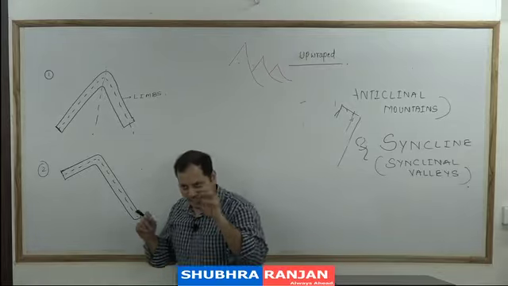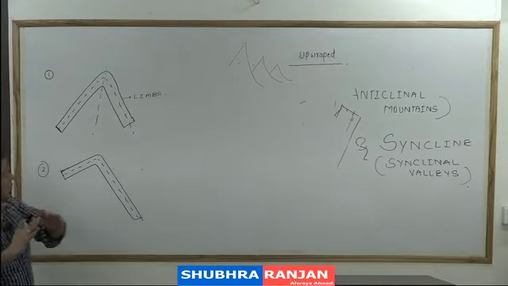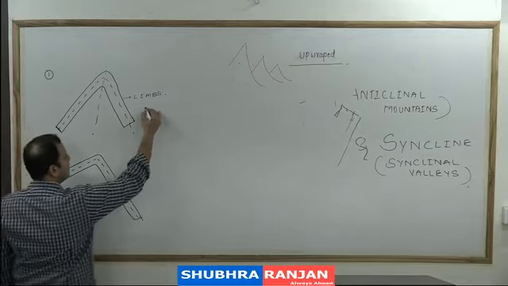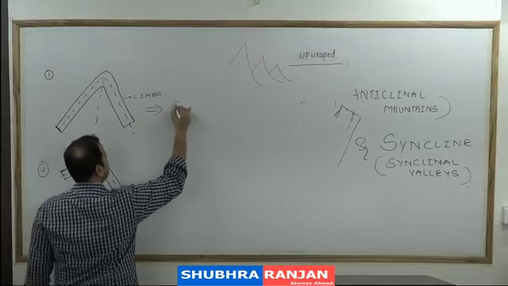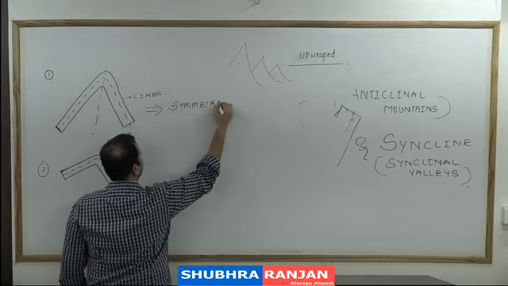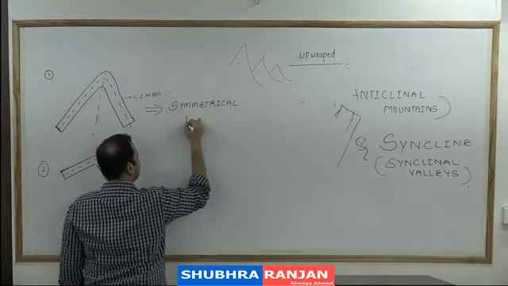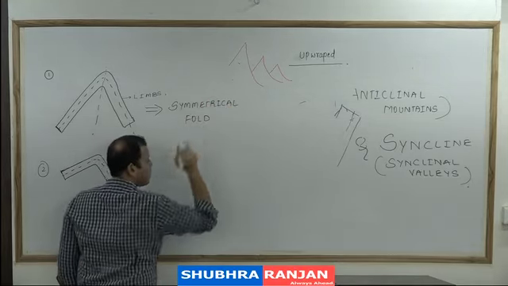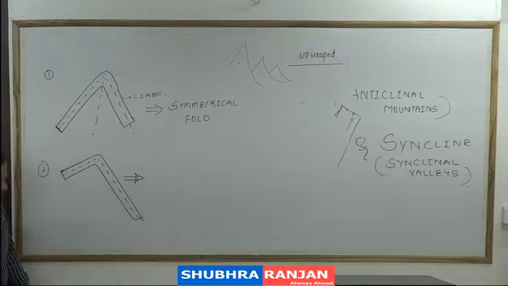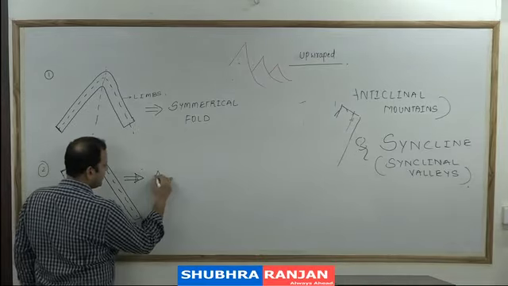If the two limbs of the fold are inclined more or less similar to each other, then this kind of a fold is known as a symmetrical fold. On the other hand, if both the limbs are not properly inclined, we will call this an asymmetrical fold.